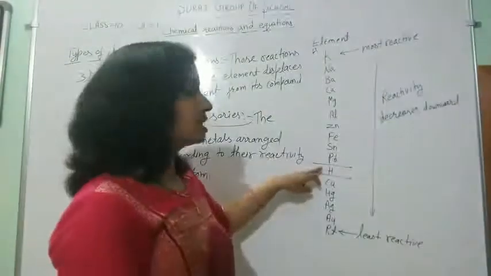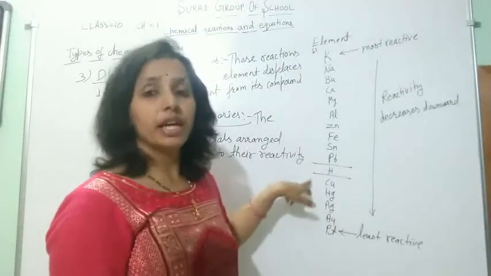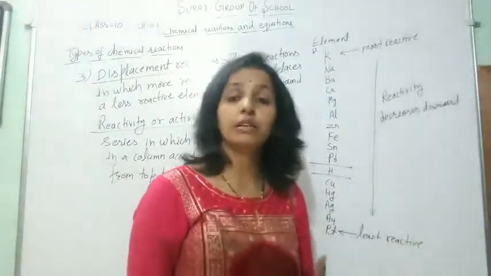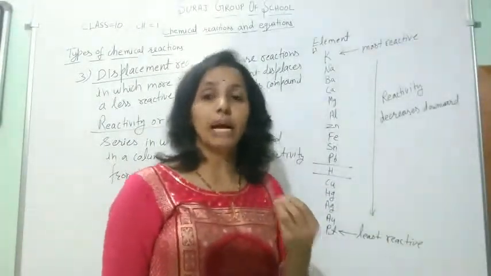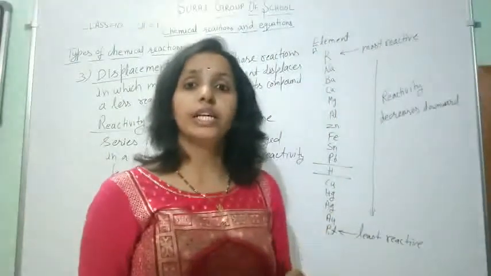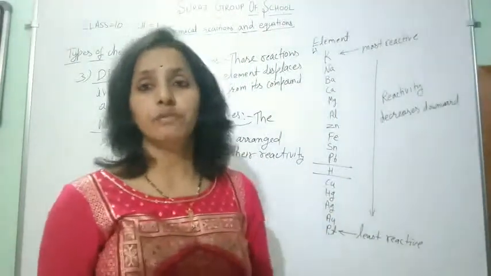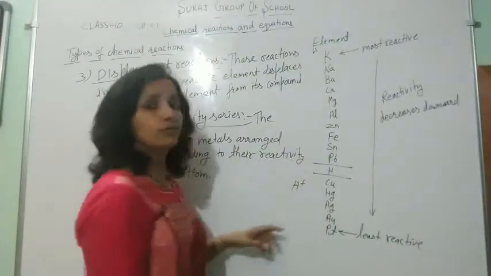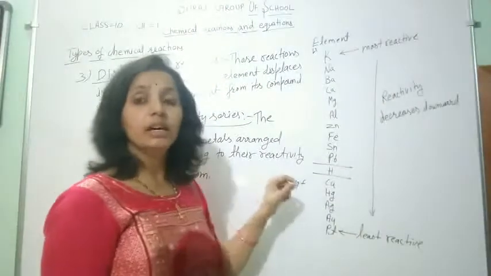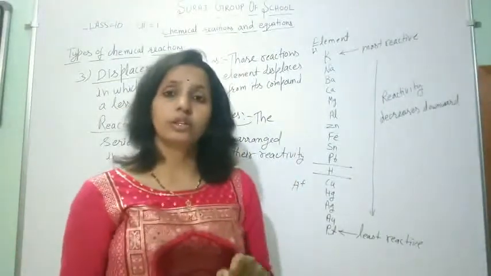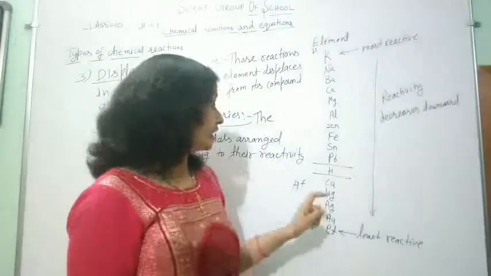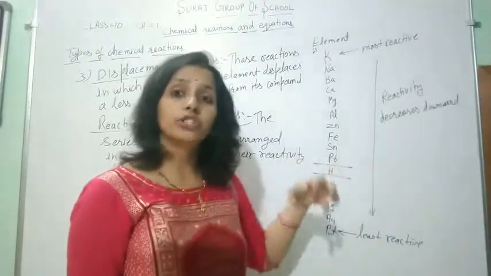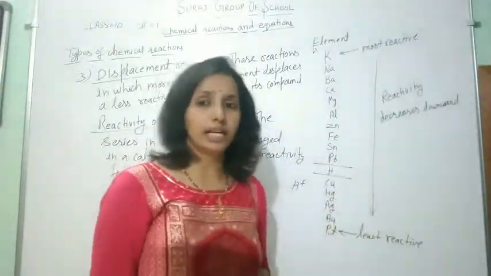We can also place hydrogen in between this activity series because hydrogen is a non-metal, but it shows characteristics like metal because it can donate its electron to form a positive ion. Hydrogen can form a positive ion because it can lose its electron, and metals can also form positive ions.